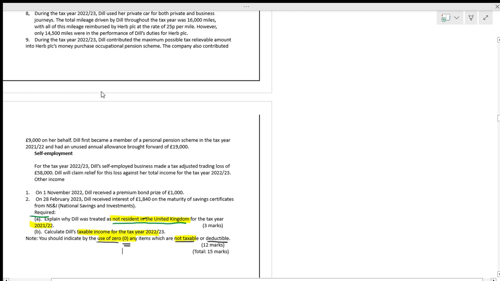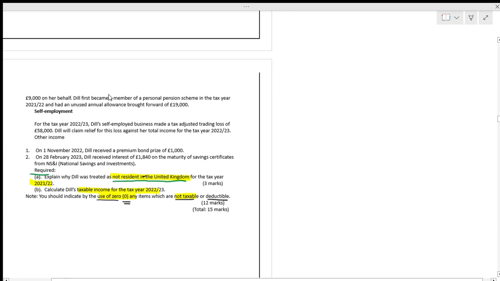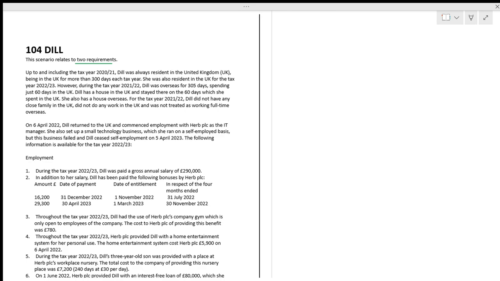Now coming back to this, the first requirement is why he is not treated as a resident of the United Kingdom. First we'll complete this. Up to and including the tax year 2021, Dill was always a resident. I'm not talking about previously not resident, I was talking about previously resident.